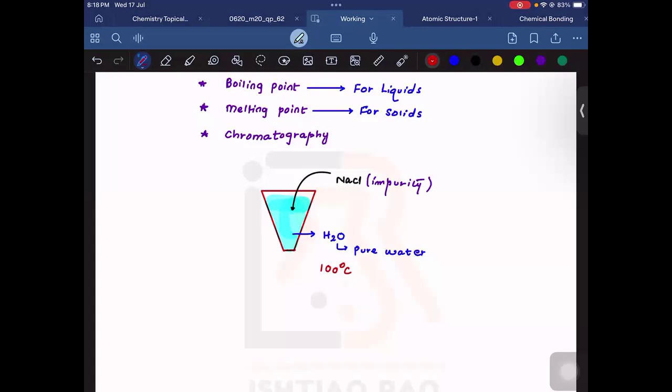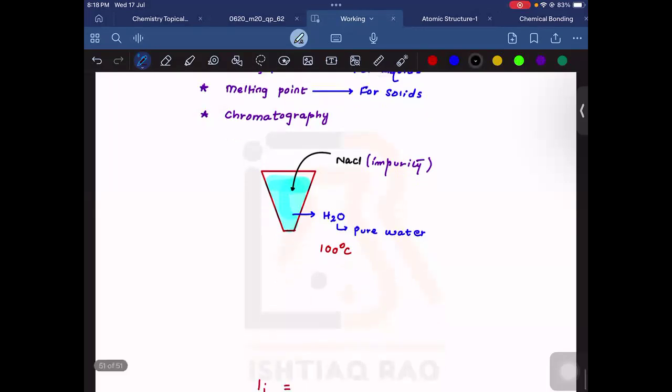Boiling point will increase, remember. If you are going to add impurity, adding impurity will increase the boiling point.